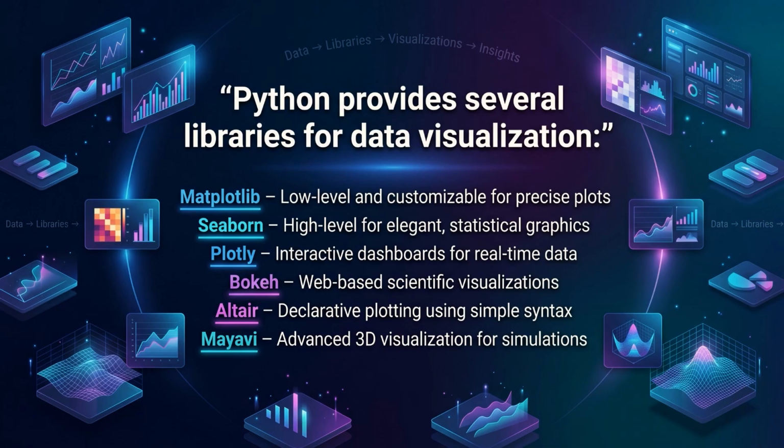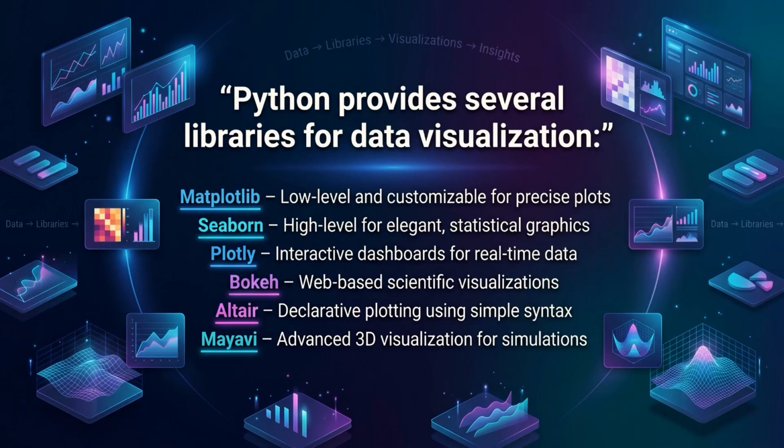Number 5, Altair, for declarative plotting using simple syntax. Number 6, Mayavi, for advanced 3D visualization for simulation, and many more libraries are there. In this lecture, we will focus on Matplotlib, Seaborn, Plotly, and Bokeh as the most relevant to engineering tasks.